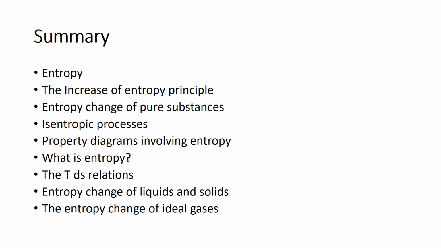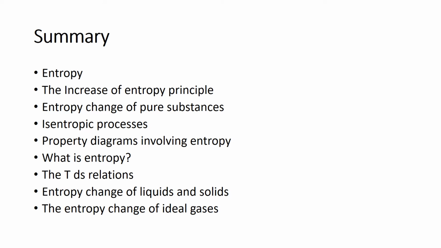When the cyclic integral of del q by T is less than 0, then your process is an irreversible process. So the conclusion from Clausius inequality is that the cyclic integral of del q by T is always less than or equal to 0.